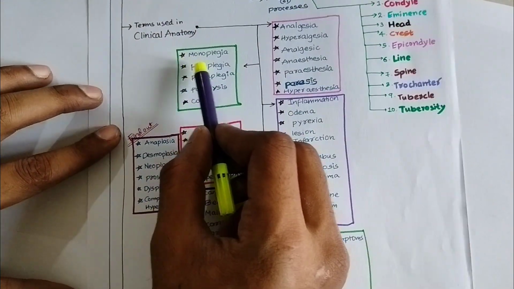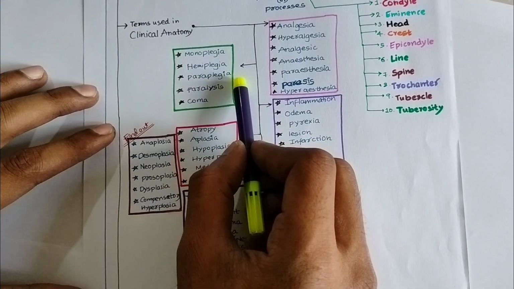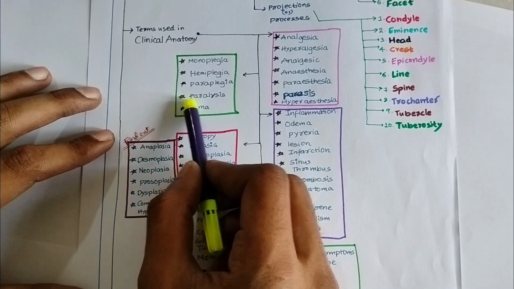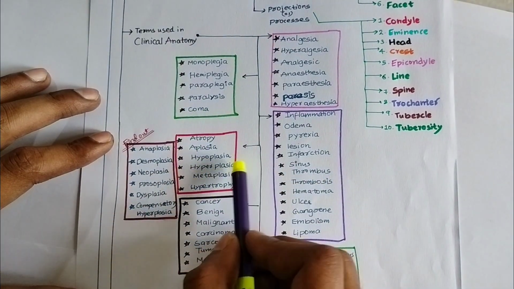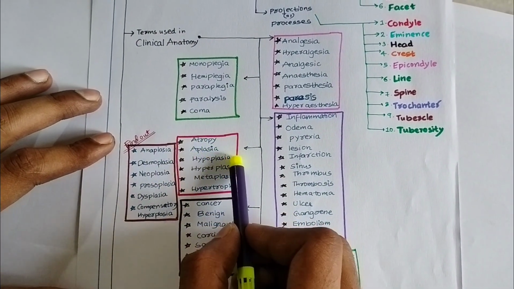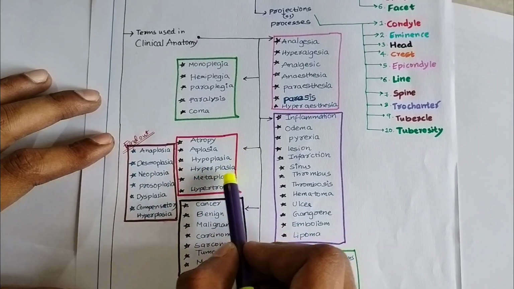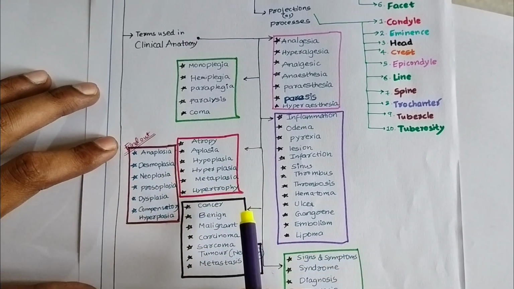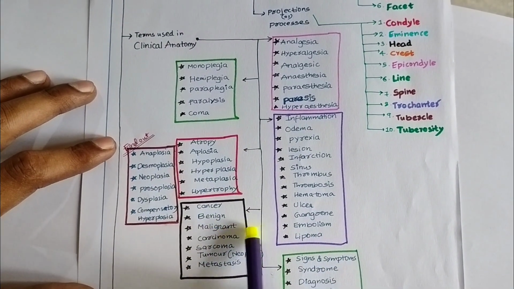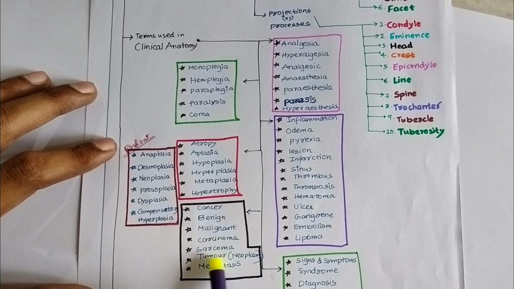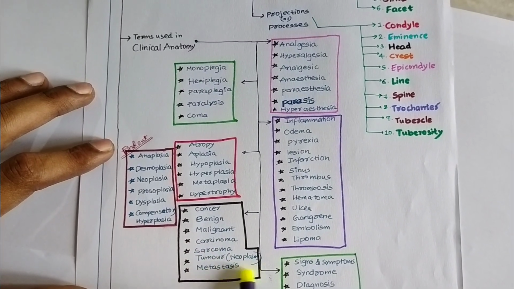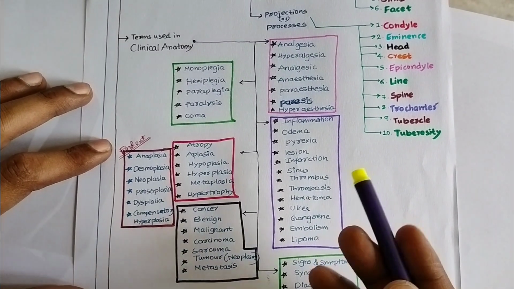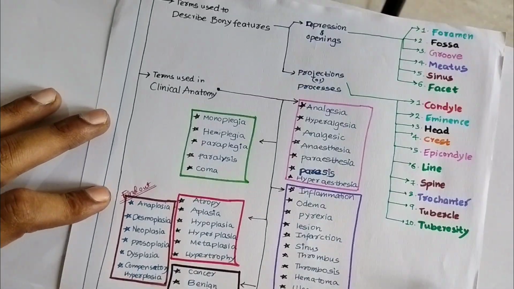And monoplegia, hemiplegia, paraplegia, paralysis, coma. Atrophy, aplasia, hypoplasia. In pathology, you'll get to know. So, hyperplasia, metaplasia, hypertrophy, cancer, benign, malignant, carcinoma, sarcoma, tumor, neoplasm, metastasis. These all terms are very much useful in clinical practice.